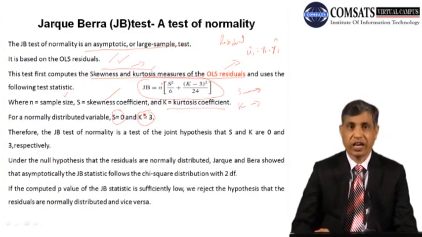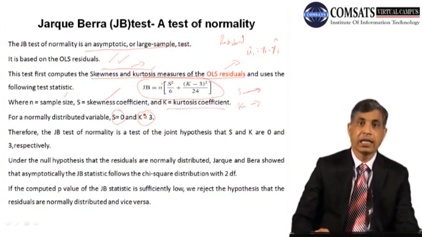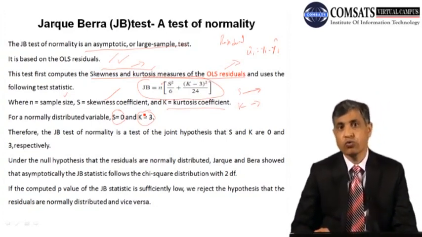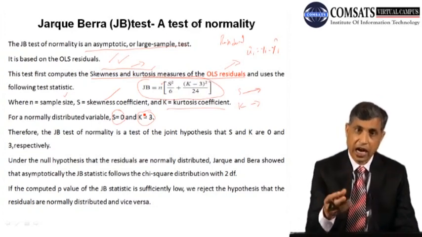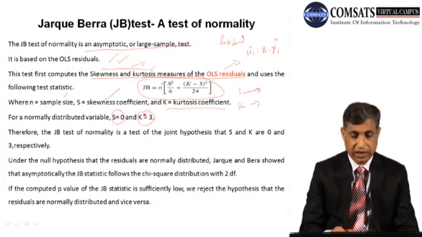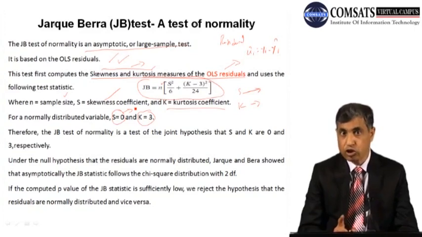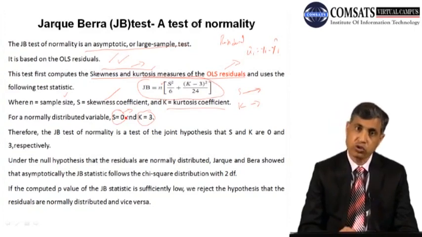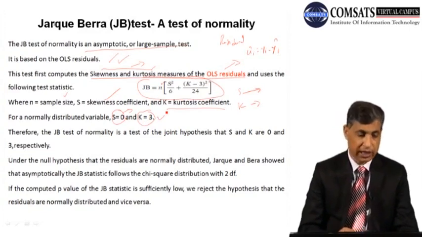There are formulas to compute kurtosis as well as skewness, but we have nothing to do with them. We are just concentrating on reaching the value of the Jarque-Bera test. For any normally distributed variable, its skewness should be equal to 0 and its kurtosis should be equal to 3.